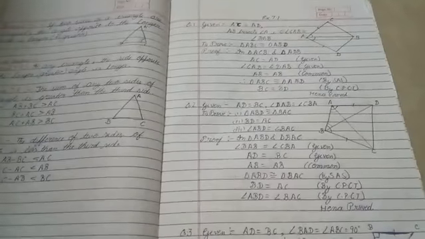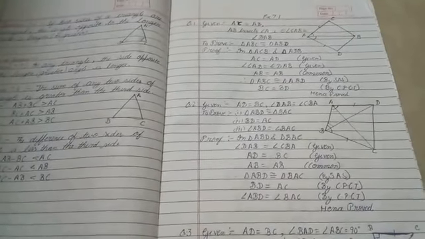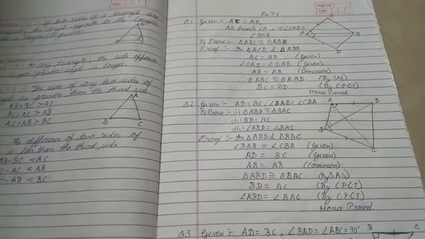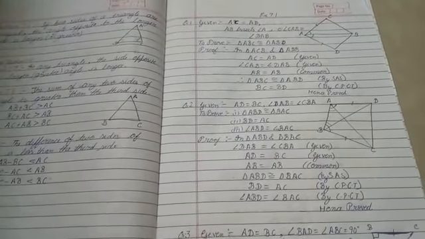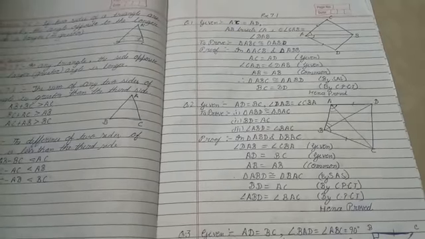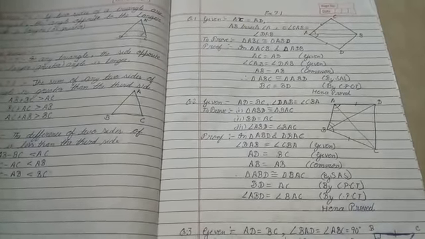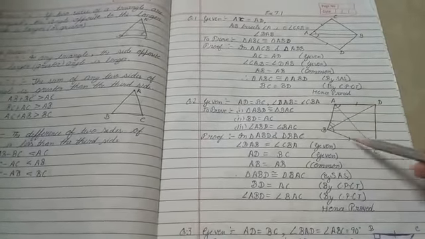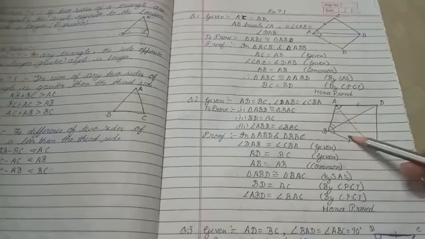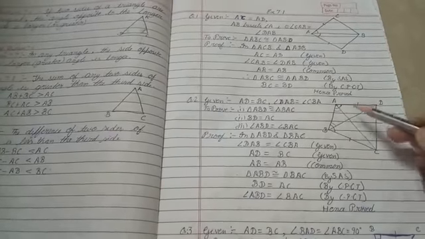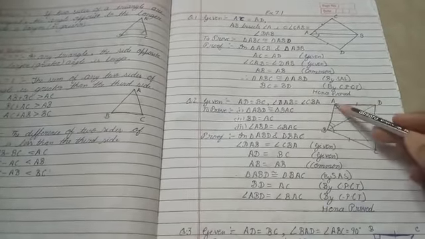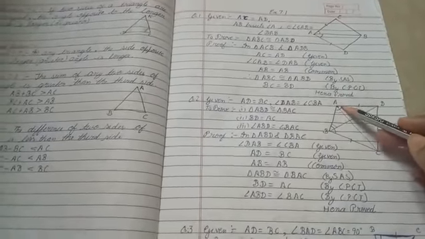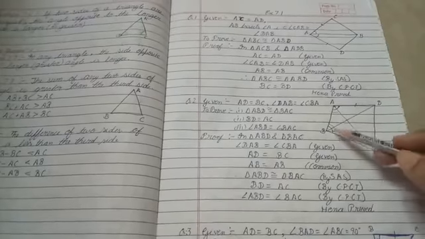Now in question 2, it is given to us that ABCD is a quadrilateral in which AD is equal to BC and angle DAB is equal to angle CBA. Now prove these three conditions. This AD is equal to BC, and this complete angle DAB is equal to angle CBA.